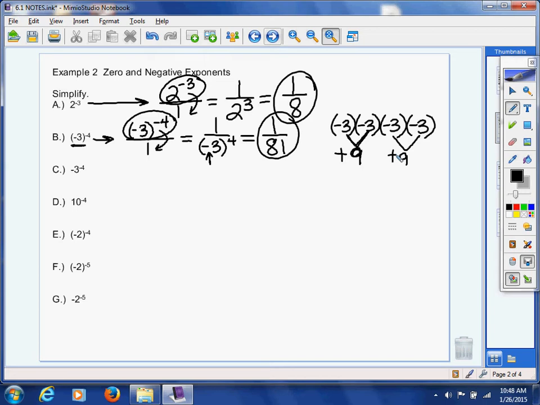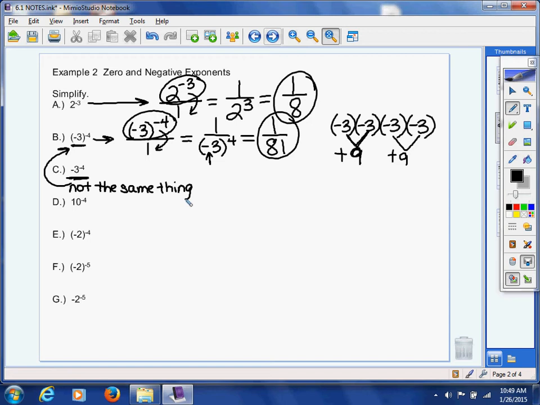So let's look at letter C. We've got, let me read it to you. This is not the same thing as what we saw up here. Let's write that down. Not the same thing. Okay, you read it differently. In letter B, that is saying take the integer -3 and raise it to the -4 power. In letter C, not the same thing.